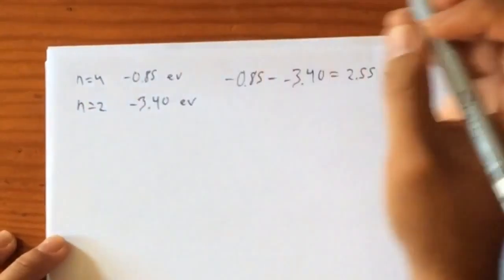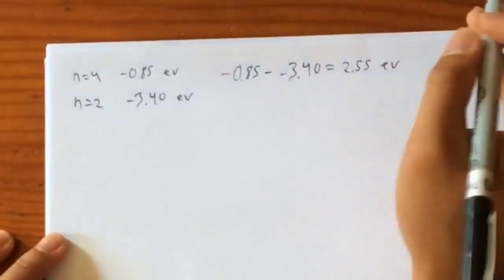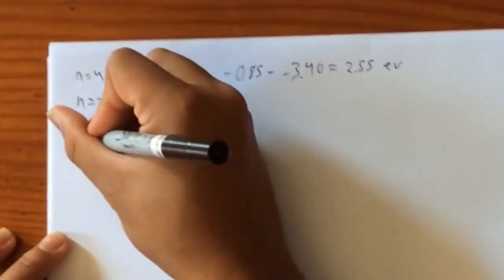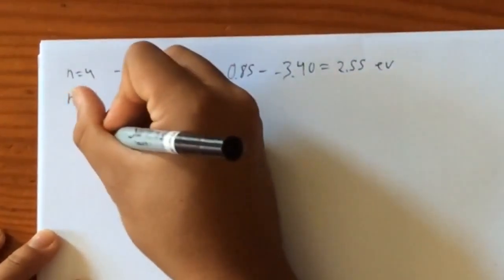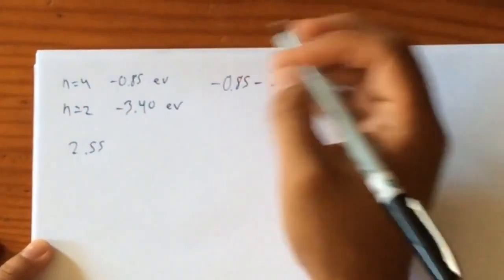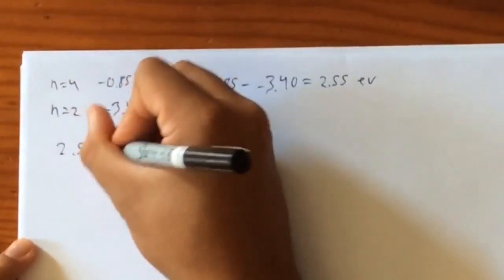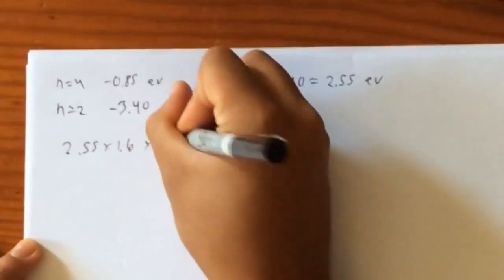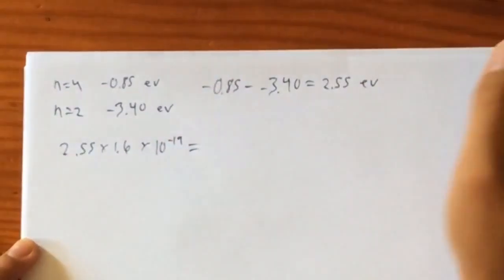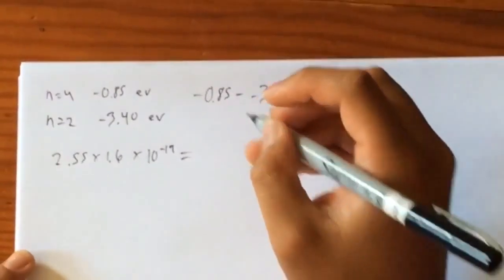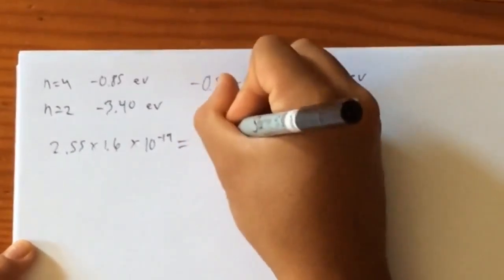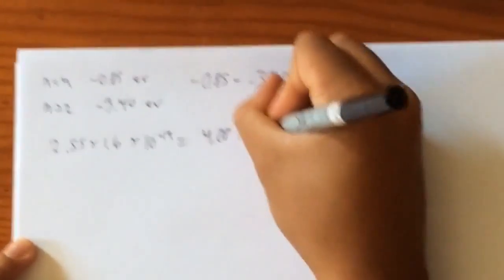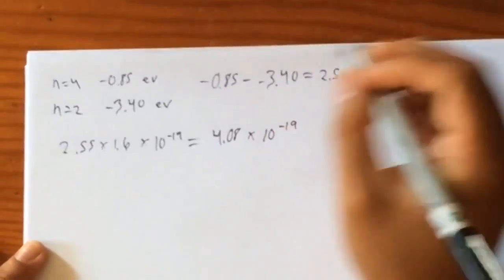And in order to solve the rest of the problem, you have to convert electron volts into joules. The conversion between those two is 1.6 times 10 to the negative 19th, and after you multiply that out in your calculator, you get 4.08 times 10 to the negative 19th.